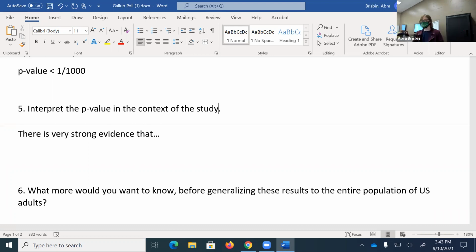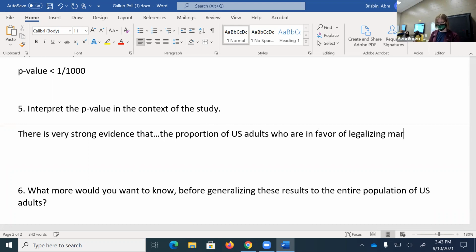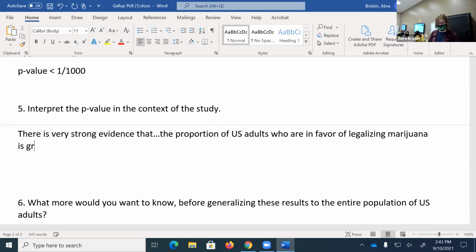So in this case, we could say there's very strong evidence that the proportion of US adults who are in favor of legalizing marijuana is greater than 0.35. I should get the year in here somewhere, US adults in 2016.